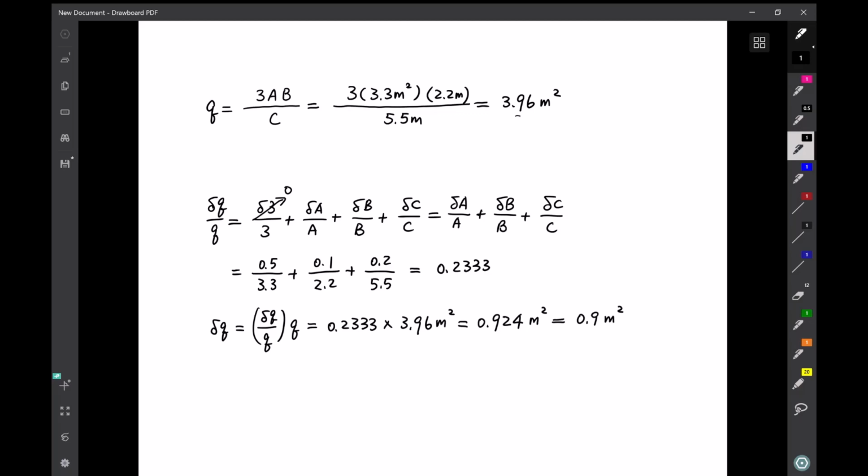So in your answer, you would say Q equals, rounded to one decimal place, 4.0 plus or minus 0.9 meters squared. If you like, you can put the percentage uncertainty in. That's plus or minus 23%. So this is the answer for this example.